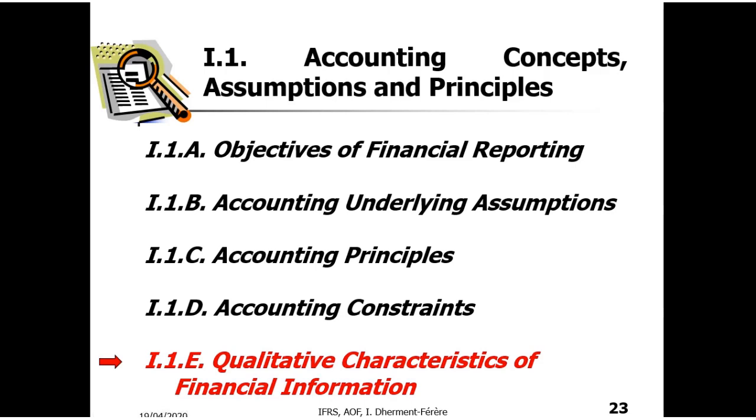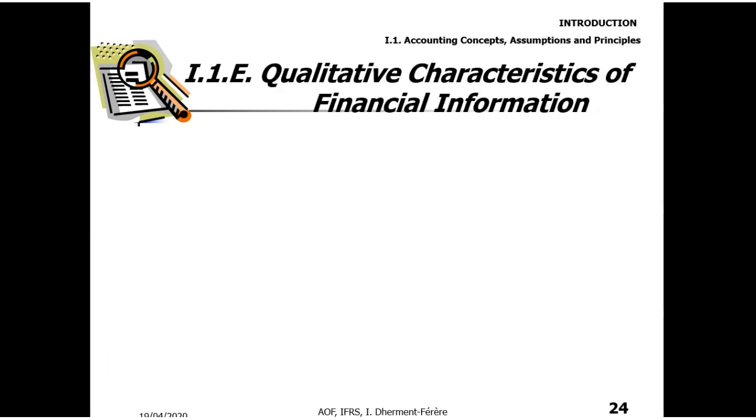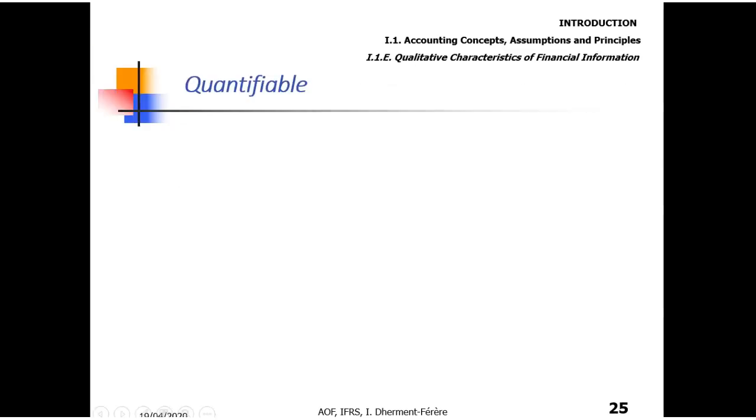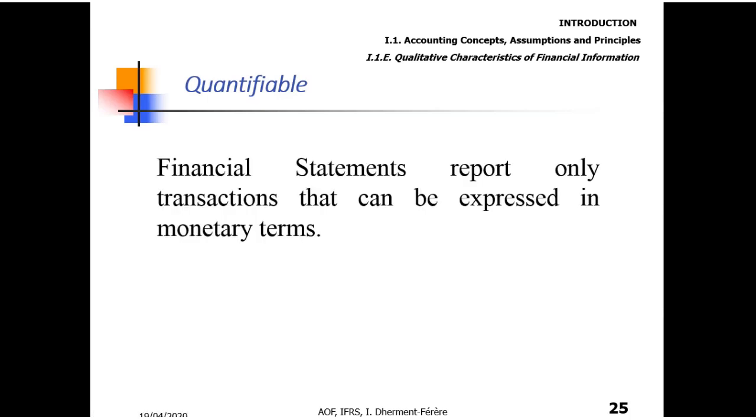The next point is about qualitative characteristics of financial information. The financial information must be quantifiable, relevant, and reliable. Quantifiable means that financial statements report only transactions that can be expressed in monetary terms.